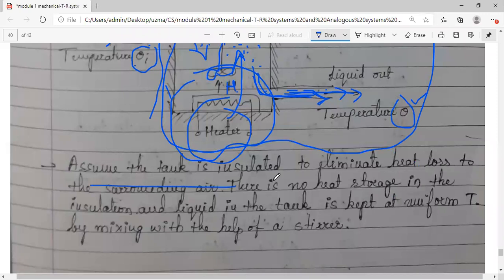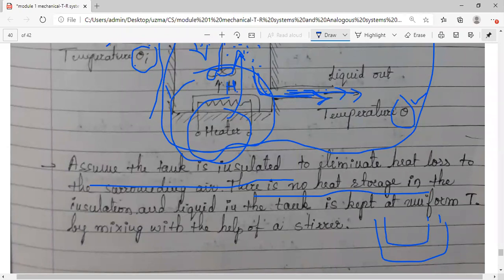Assume the tank is insulated. I explained the very first thing, we do not have to show heat loss. Insulation means there is no loss of heat to the surroundings, and there is no heat storage also, because of the insulation. If you look at any tanks, if there is some coating on it, even that becomes hot, right? There is loss there also sometimes.